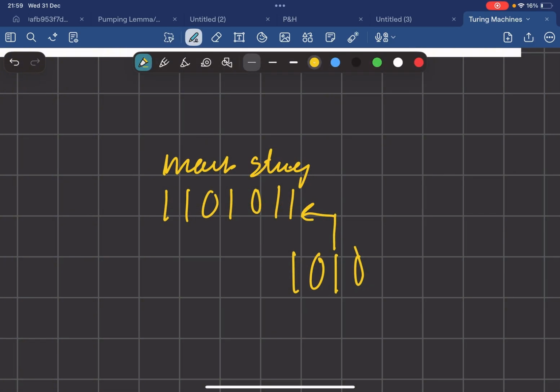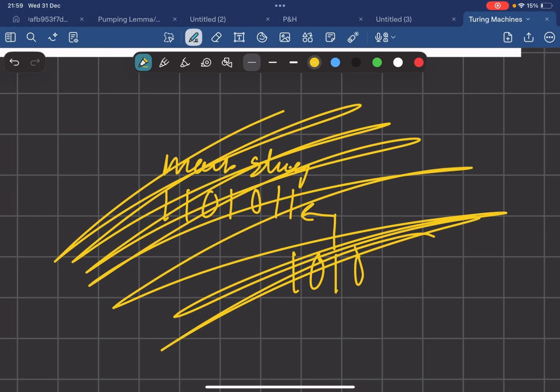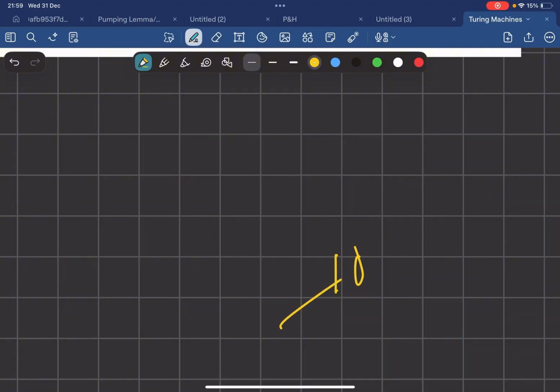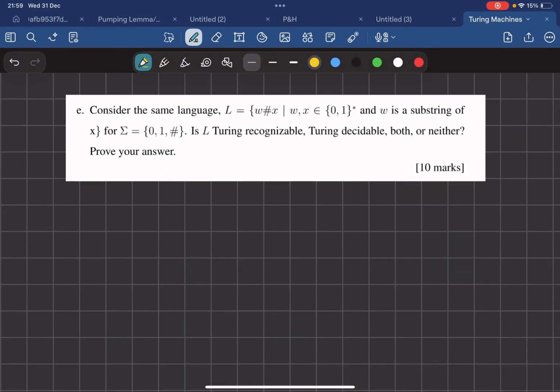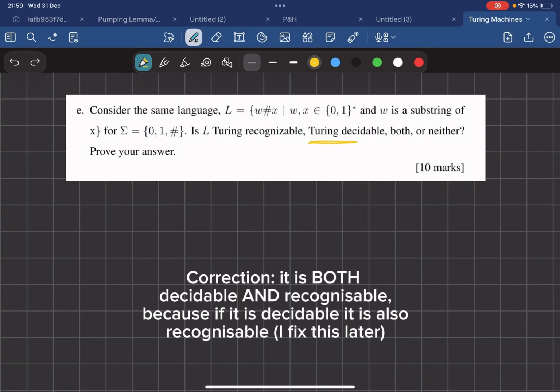So this algorithm gives you a definite yes or no answer on whether or not one string is a substring of another in a finite amount of time. Which means that if a Turing machine were to implement this algorithm, it would decide this language, and so this language is decidable because there exists a Turing machine.